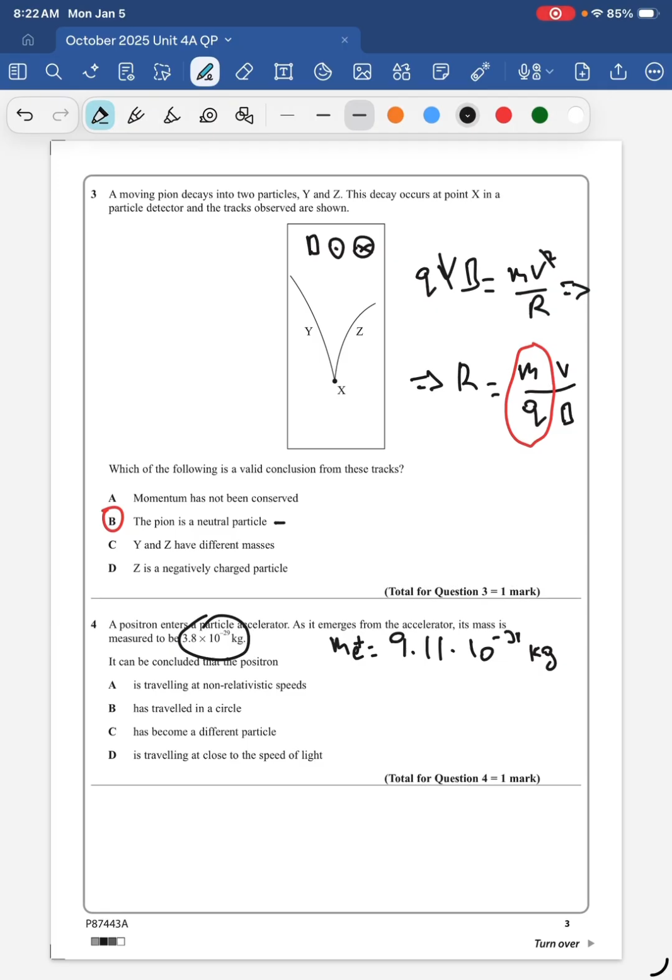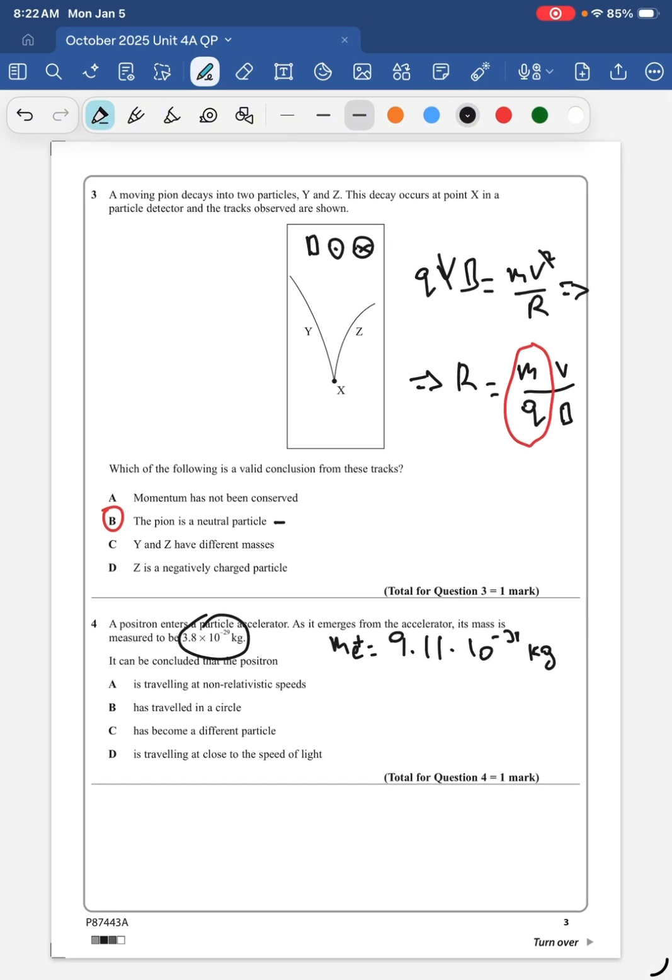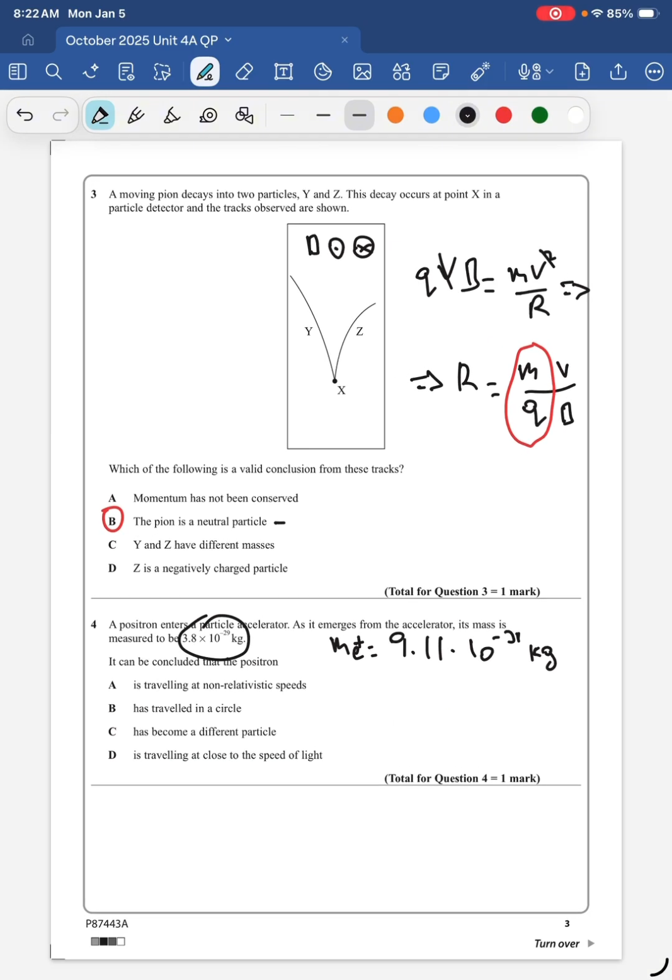If the particle was traveling at non-relativistic speeds, its mass would be 9.1 times 10 to the negative 31. B, has traveled in a circle, doesn't matter. C, it has become a different particle. No. So D, it is traveling at close to the speed of light.